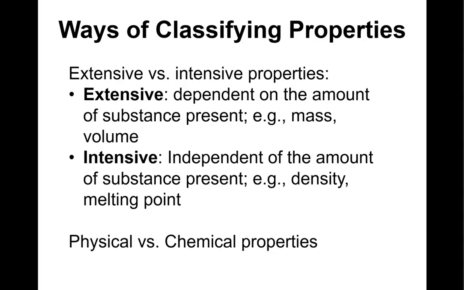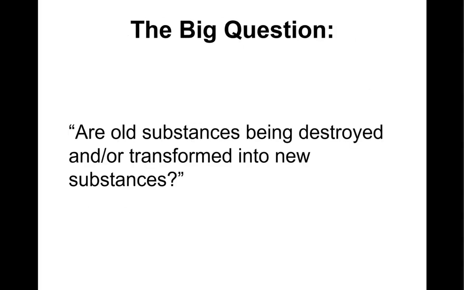The rest of these slides, though, we're going to talk about physical versus chemical properties of matter. And so let's get on with that. And the simplest way to look at a property of something and decide whether it's a physical property or a chemical property is just to ask this question.